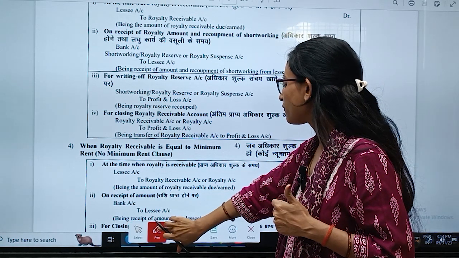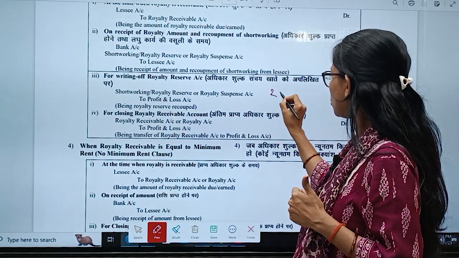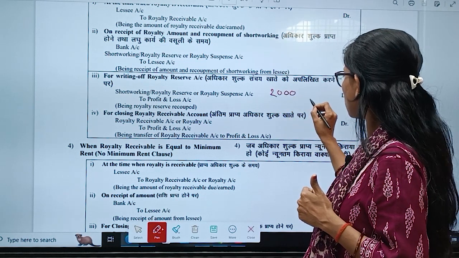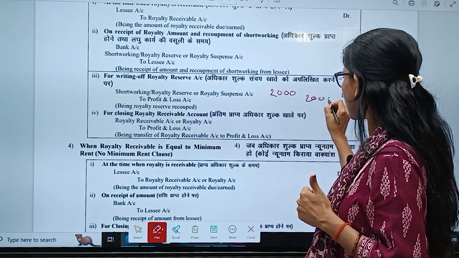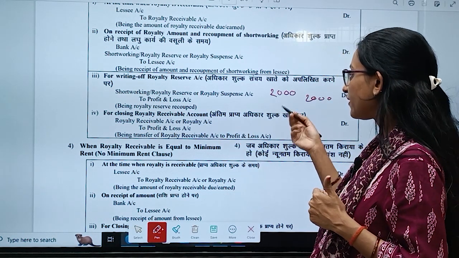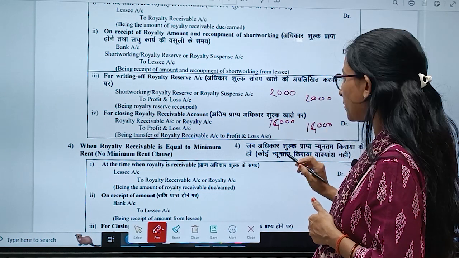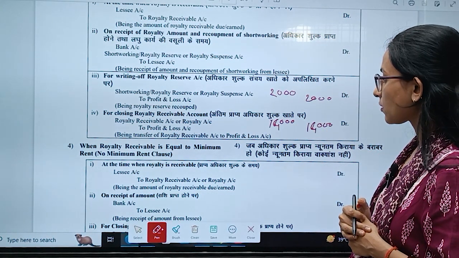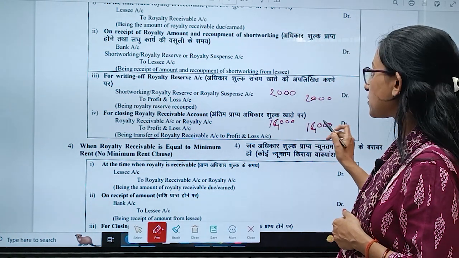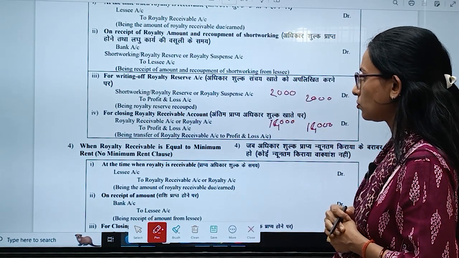So we will transfer that royalty reserve account 2,000 rupees to our P&L account, and the royalty receivable amount was 14,000 rupees in the P&L. So this is the case of when the royalty is more than minimum rent.